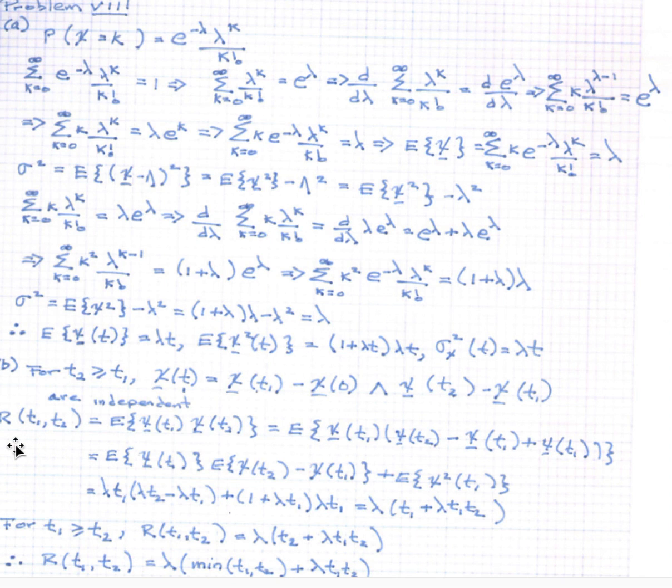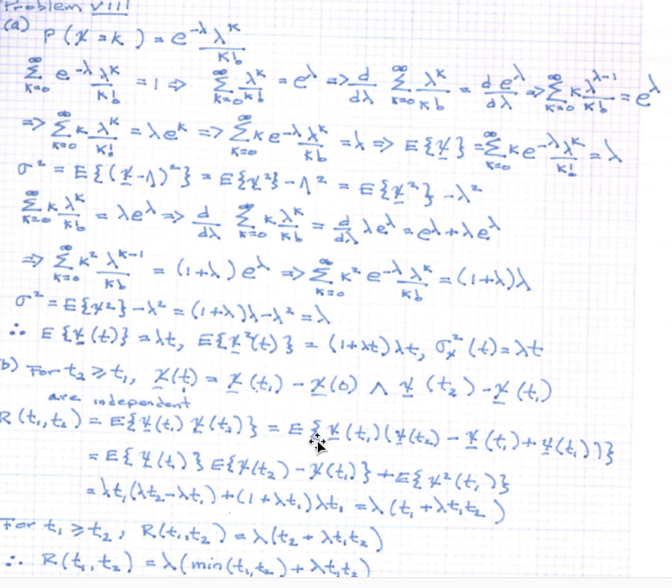Looking at the correlation, we have the correlation of t1, t2 and, because of independence, we have the expected value of X of t1 times the expected value of the random variable X again at t2, the two points there of the random variable.